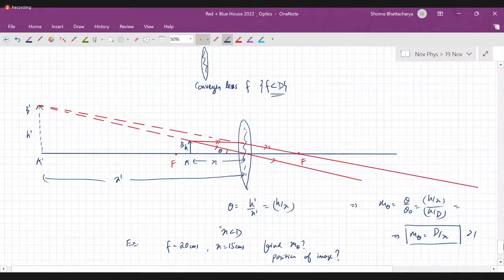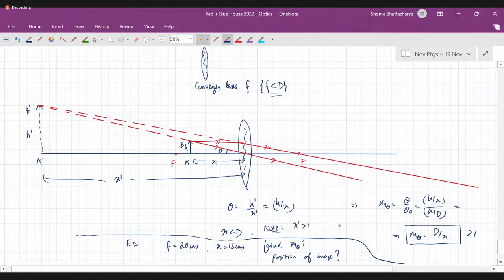One thing that we have to take care of here is that x prime should be greater than d, so that the eye can focus the image A prime B prime, which it is seeing, on its retina.